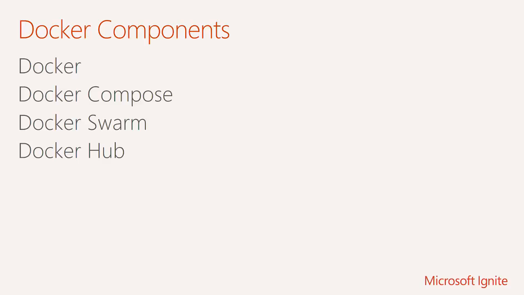The Docker ecosystem is made up of multiple components. So Docker is a company, and they produced Docker, and then they went on and produced a bunch of other tools. So there's a tool called Docker Compose, which is a way of orchestrating the deployment of multiple Docker containers. And that Docker Compose tool can talk to a Docker Swarm.